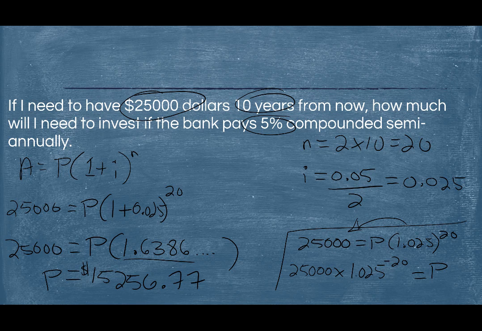When you move that over, it becomes a negative exponent, and that's the way it works. So if you type in 25,000 times 1.025 to the power of negative 20, then it should work out for you, okay?